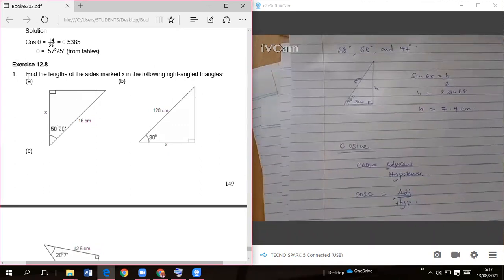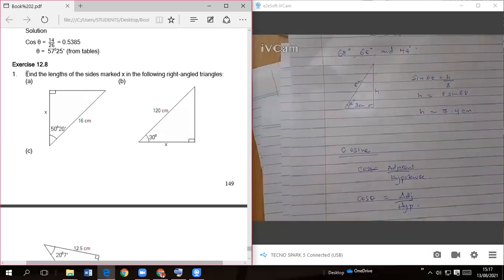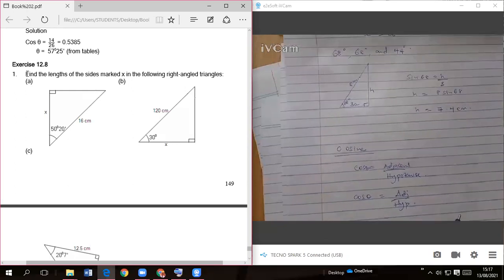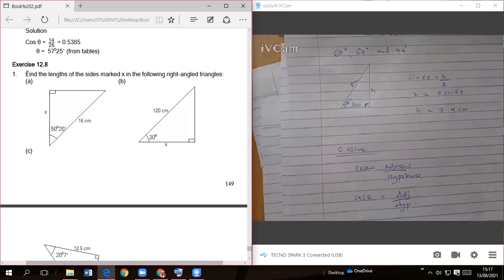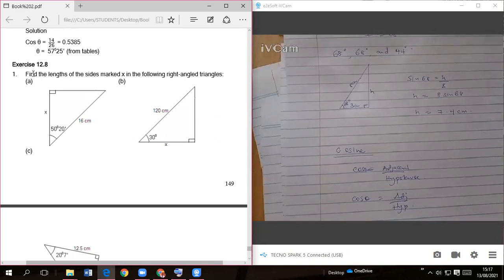So let us do question number 1, and I'm doing part B. Part B, they are telling you to find the sides marked X in the following. So we have that triangle which is there.